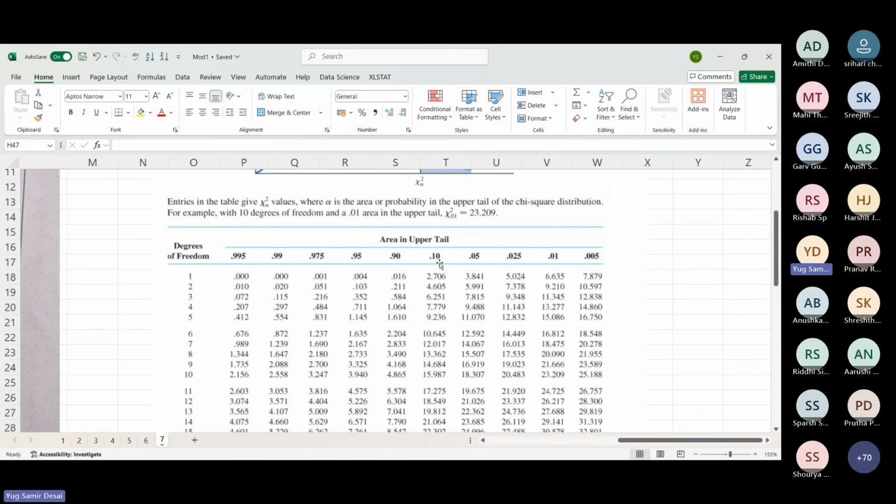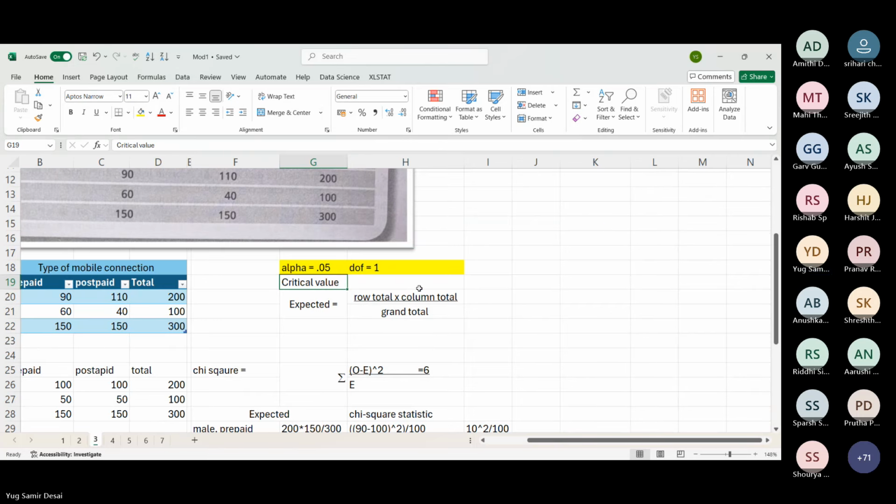And these are our alpha values, which we consider. So here it has been given for 1 degree of freedom and for our 5% level of significance or 0.05 alpha, it's 3.841. So we go back, 3.841. We get that as a critical value.